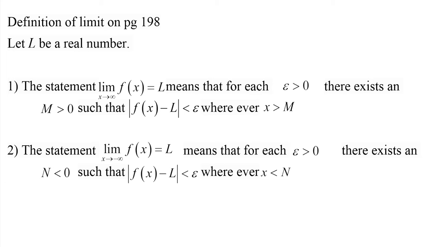So let's talk about a graphical demonstration of limit. So let's just say, as a for instance, that our limit L is this value right here. So let's erase this. I want it to be L right here.